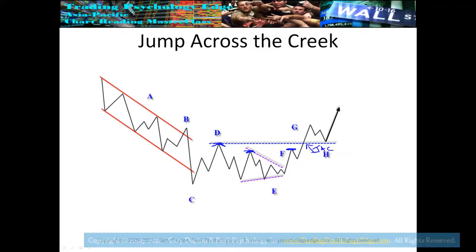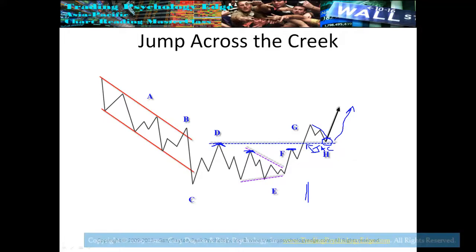And on the jump, we will typically see good volume, good spreads, and if we're looking at waves, a larger wave up. And almost invariably, it will come back and test this supply area to make sure that there's no more selling before it goes on up to higher ground.